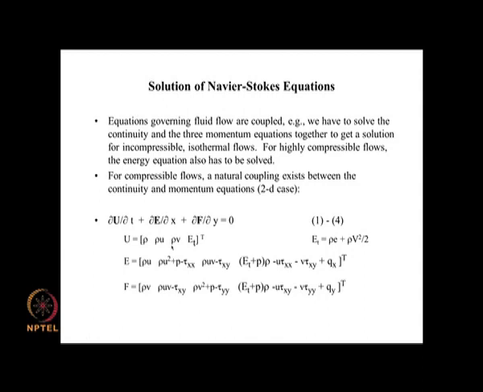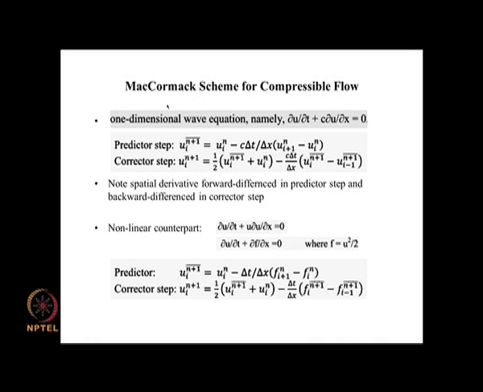Now, one method that we look at to start with is the MacCormack explicit method, and let us first see what this method is for a simple case. For example, for the case of the one dimensional wave equation, you can write it as ∂u/∂t plus c times ∂u/∂x equal to 0. We are quite familiar with this.